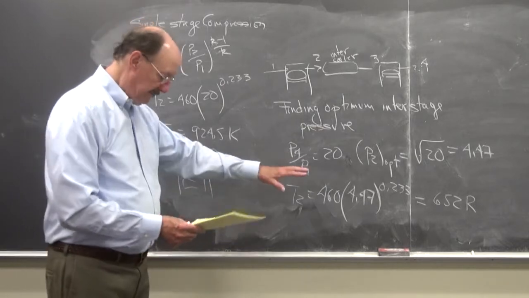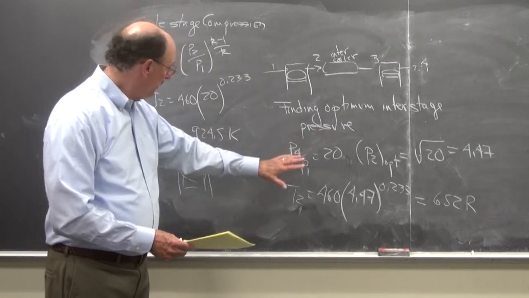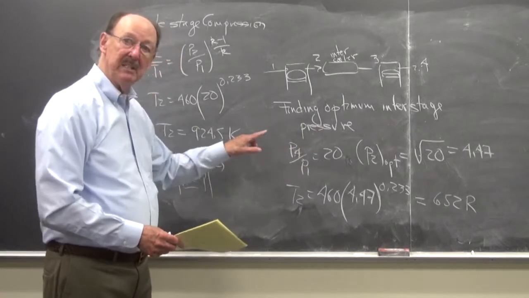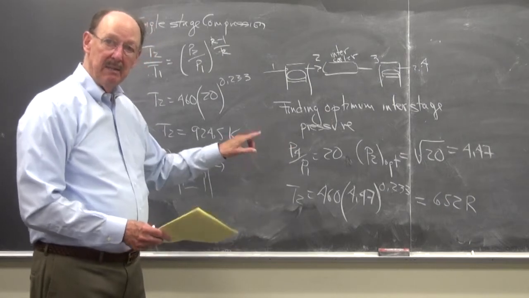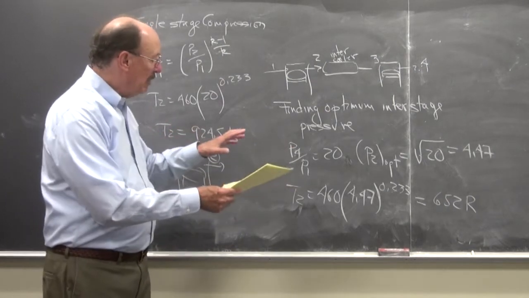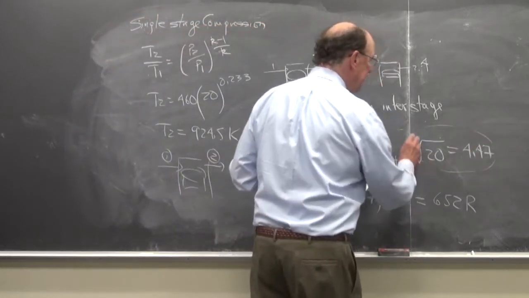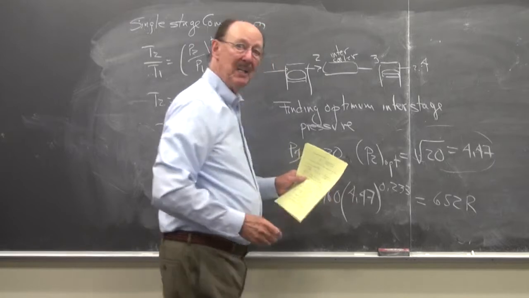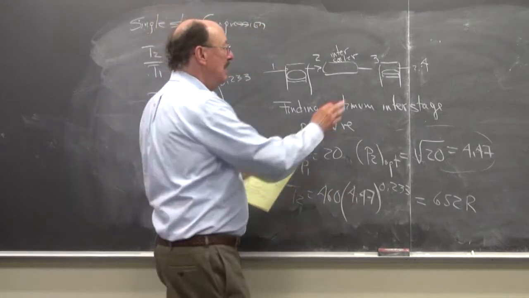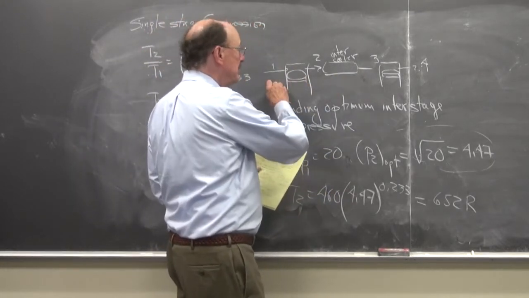And so if I look at this and see a comparison, there's a big difference in the temperature that occurs. And so I'm interested in that. This assumption assumes ideal intercooling, where T3 would be equal to T1.